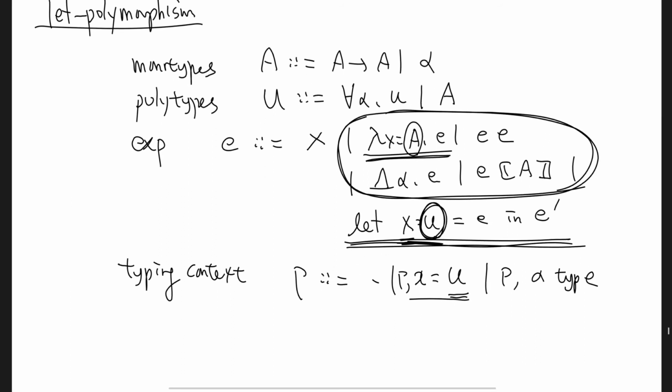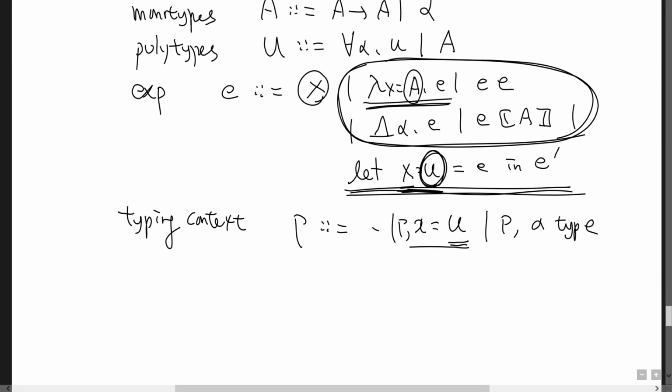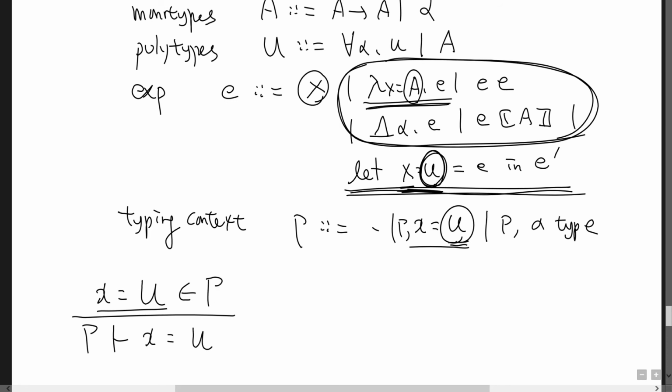And for the variable, we have a minor difference. How do we type check the variable? The difference here is that now this variable can have, in general, a polytype. Here, polytype, not monotype. So this type binding must be found somewhere inside the typing context gamma, in which case we deduce type U.